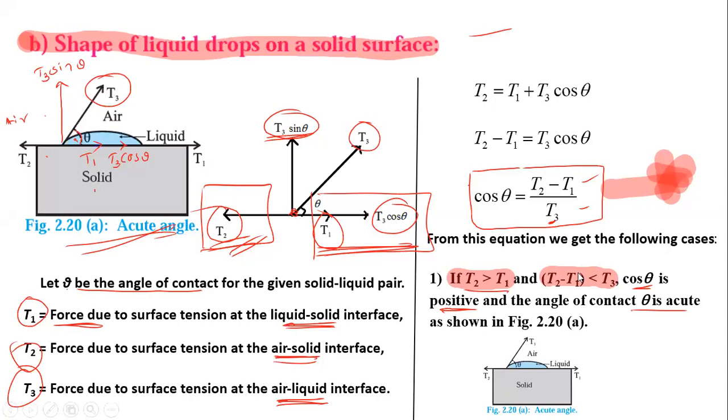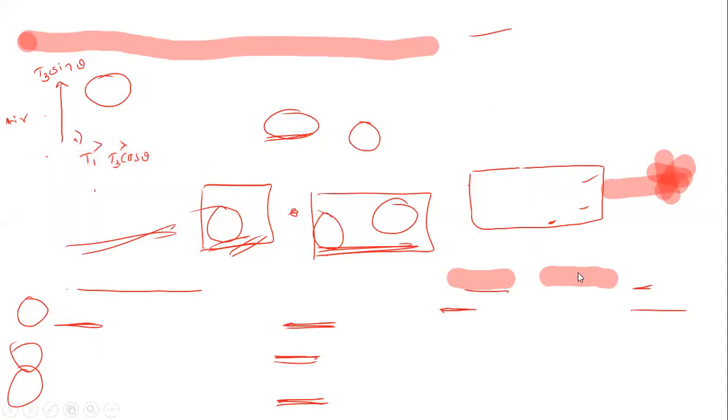Again, now the next one, case 2. Again, I write the formula of cos theta: T2 minus T1 divided by T3. Now pay attention, if T2 is less than T1, then cos theta is coming negative.